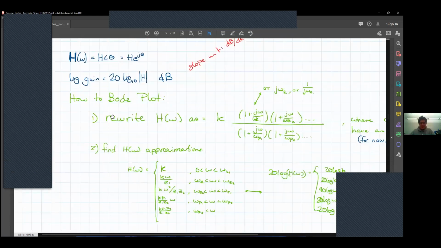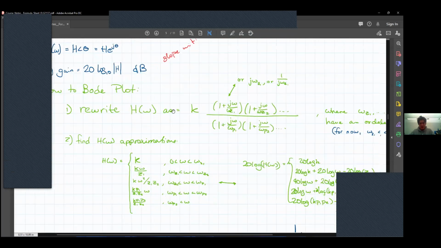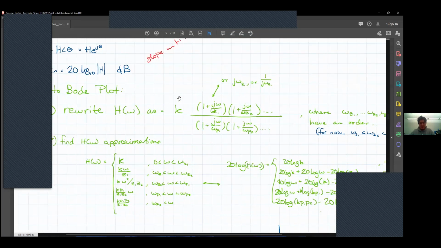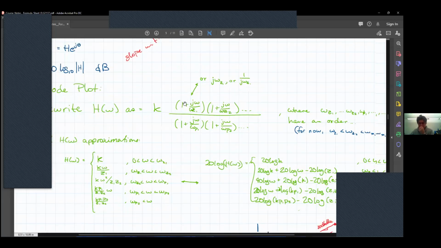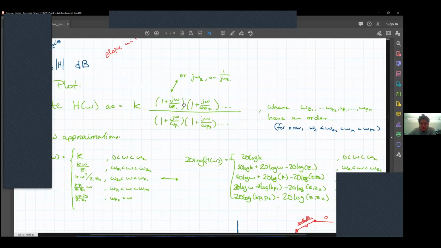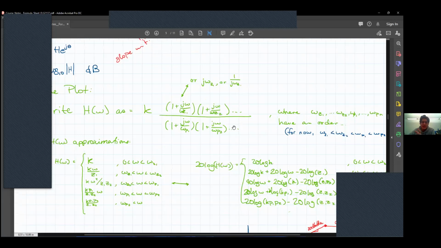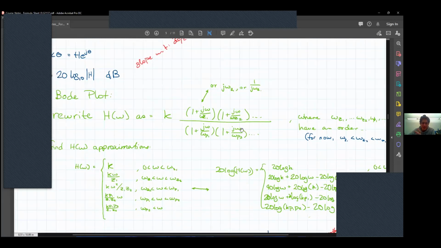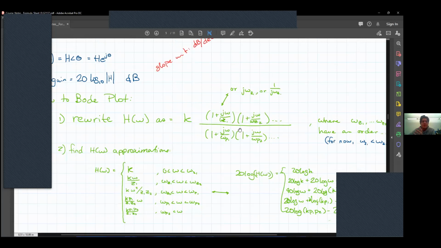So we rewrite the transfer function as some constant, and then 1 plus the values here, which are ordered. All of these frequencies, so we have frequency of zero 1, frequency of zero 2, frequency of pole 1, frequency of pole 2, etc., are values that you get from your original transfer function. And these regular omega values, or these original radio frequency values, are simply whatever the frequency of the input you give it are.